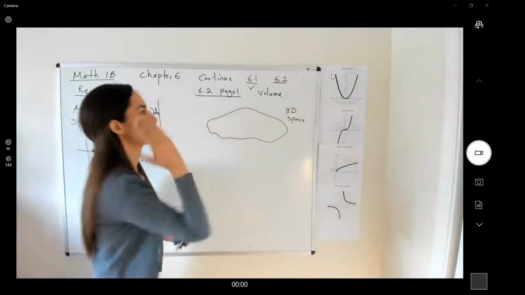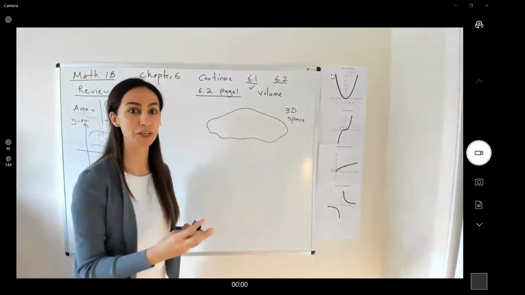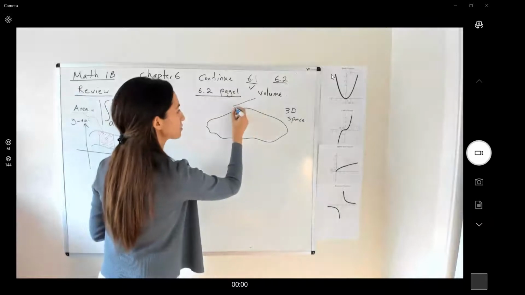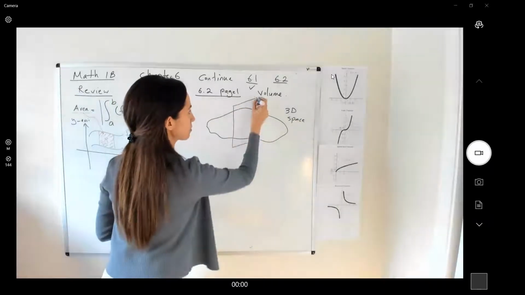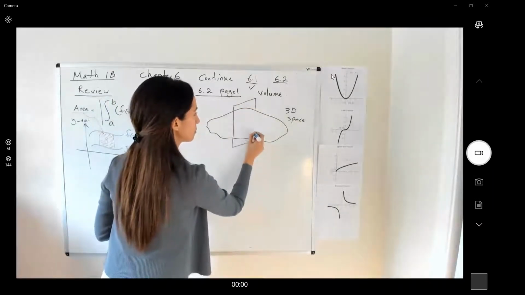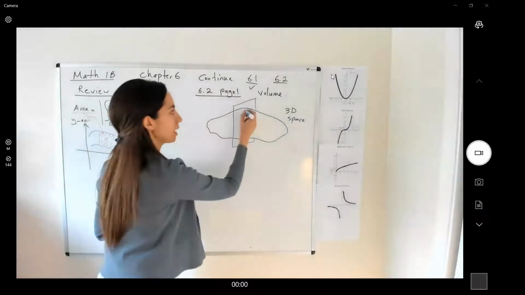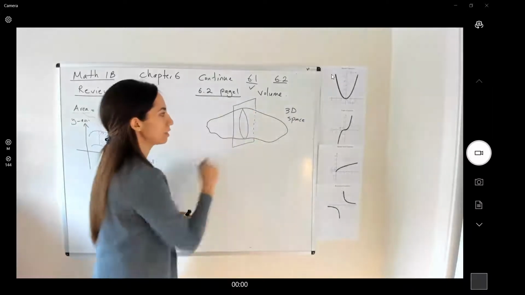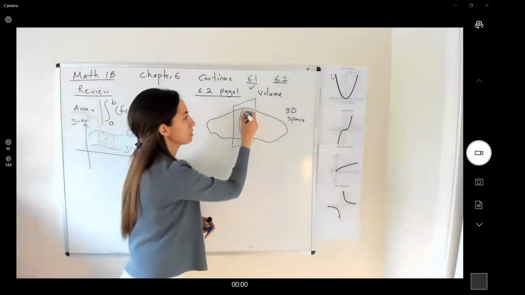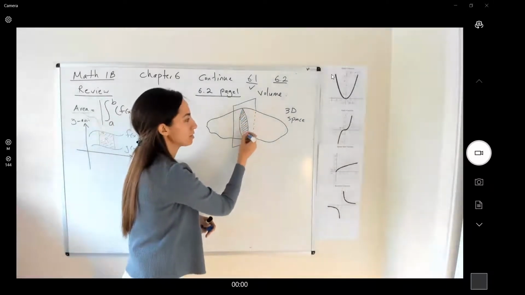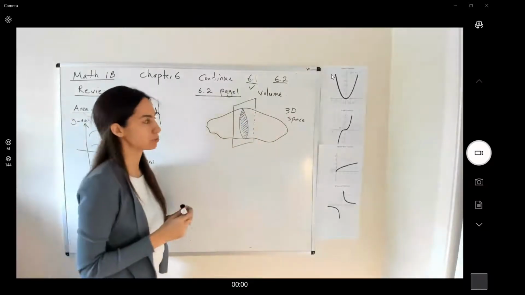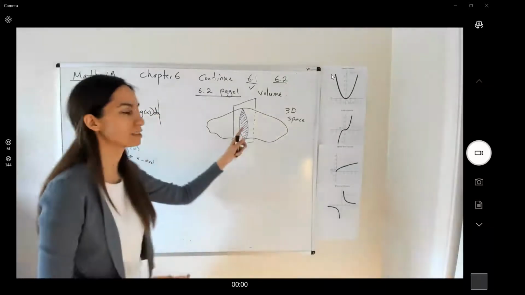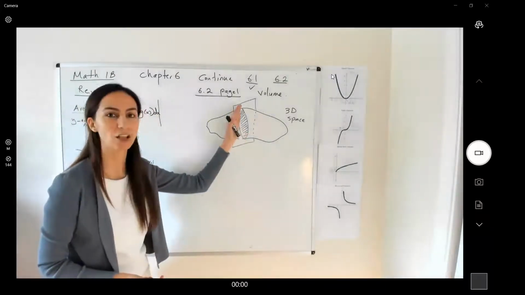We're going to cut this 3D object, slice this, and by doing the slicing, we get a little part of this three-dimensional object. Very well. You already know how to find the area of that slice.